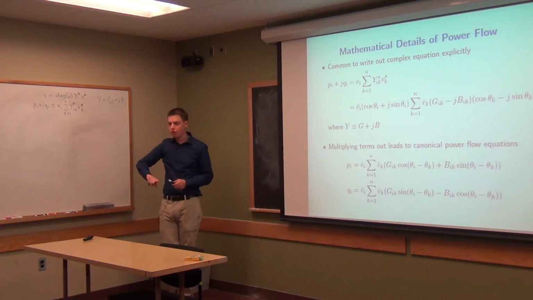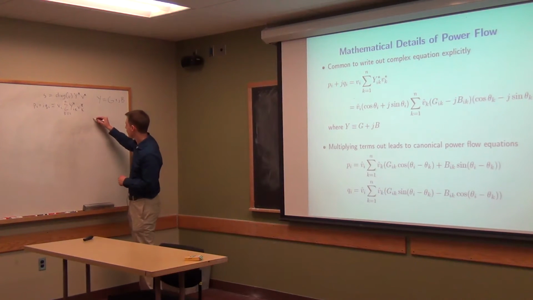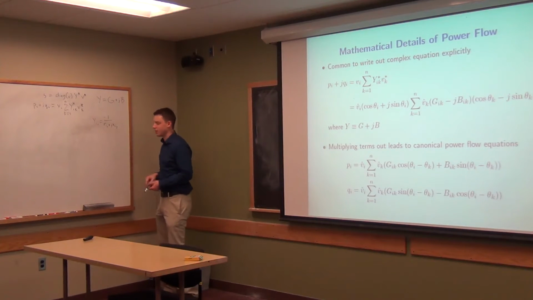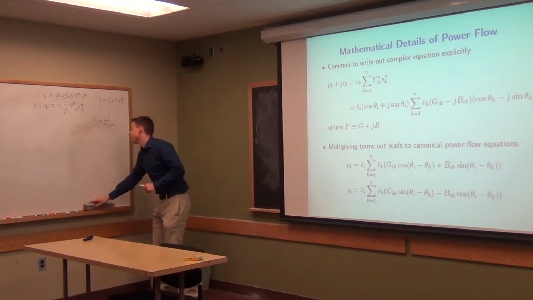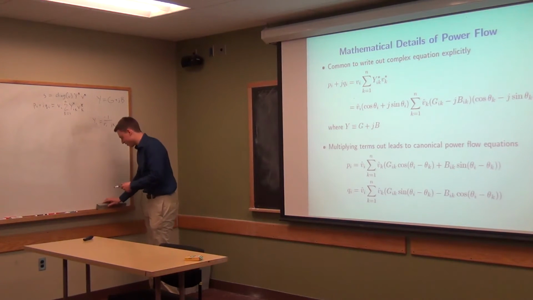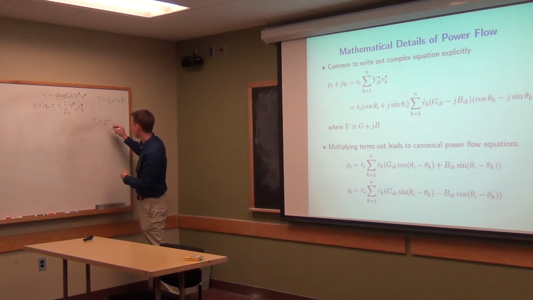It's important to know that Y_ij for i not equal to j equals 1 over r_ij plus jx_ij, with a negative sign. I'm using j twice here, so I'll use k instead: Y_ik equals negative 1 over r_ik plus jx_ik.